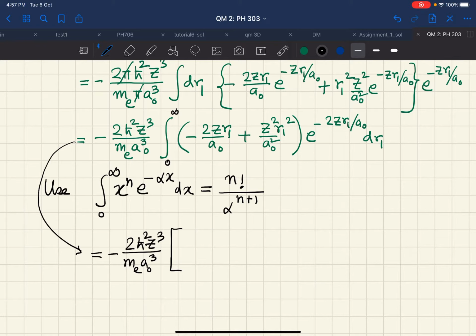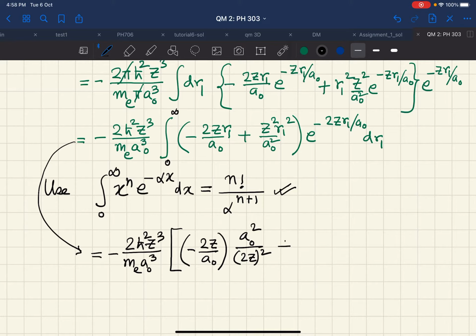So the first integral here is minus 2Z by a0 into r1 e to the minus 2Z r1 by a0 dr1. So according to this formula, we will have minus 2Z by a0 out of the integral. Integral r1 e to the minus 2Z r1 by a0 means we have n equal to 1. So we have factorial 1, and then alpha is 2Z by a0. That means this should be a0 squared by 2Z, whole squared.